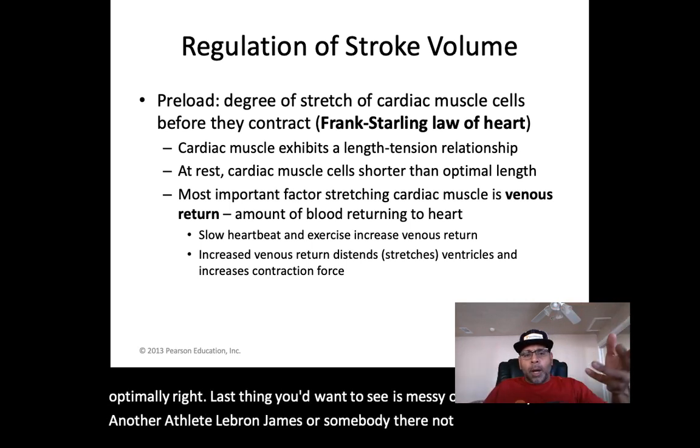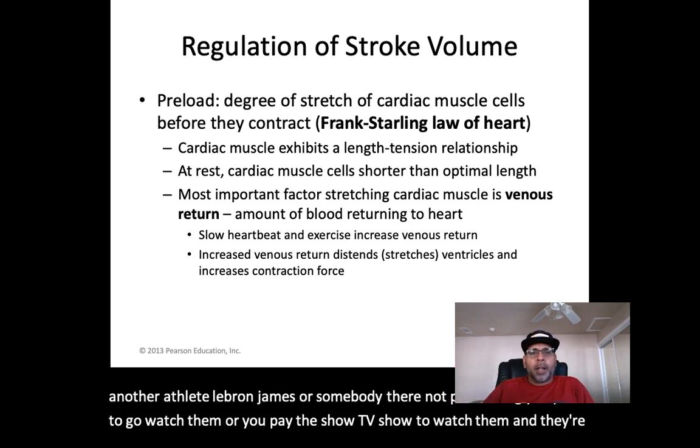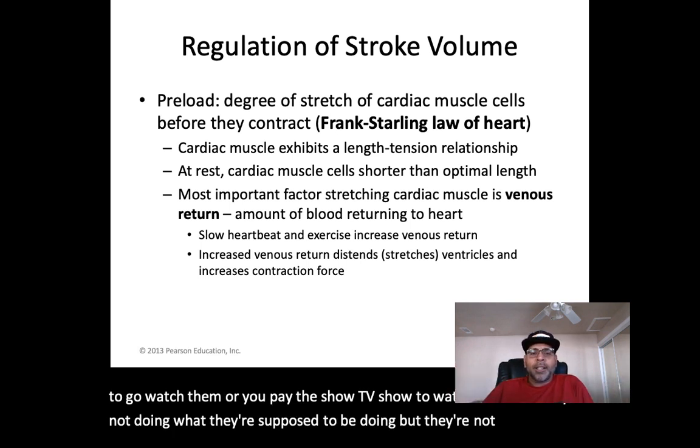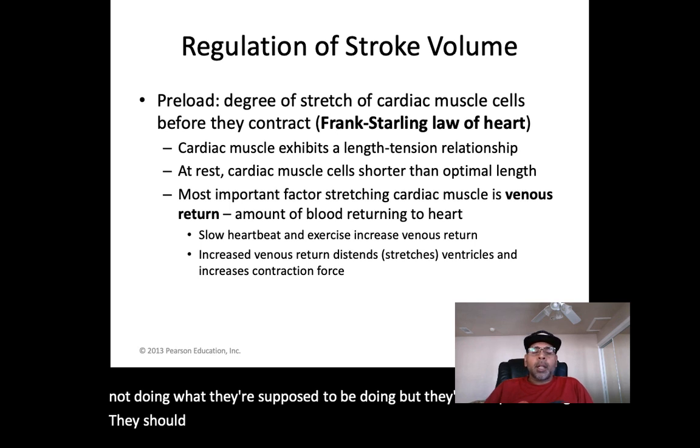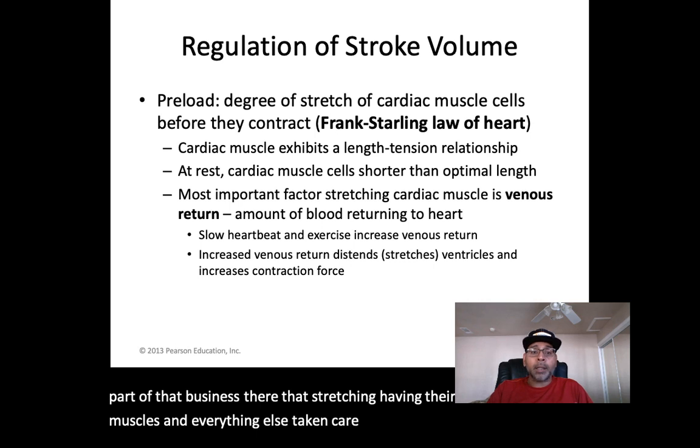You paid to go watch them, or paid for a PPV show, and they're not performing like they should. It's a bit of a letdown. So having their health and their muscles taken care of is very important for these athletes.